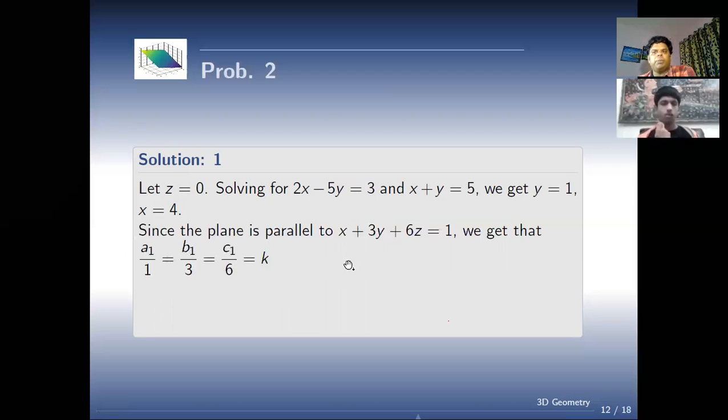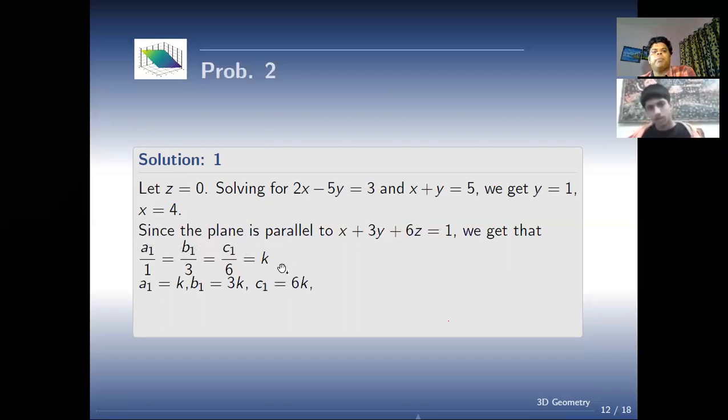Are you okay with that? That's because these two planes are parallel to each other.